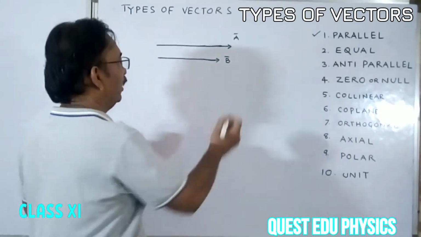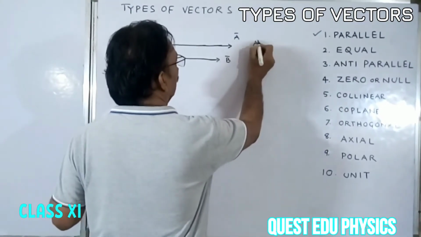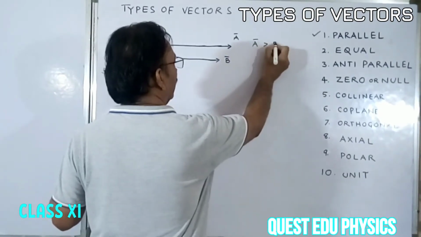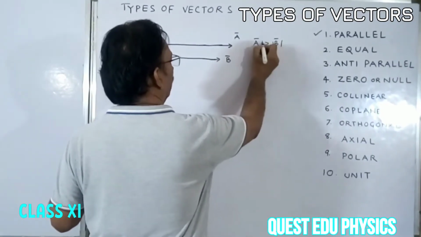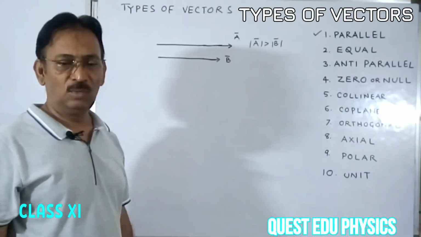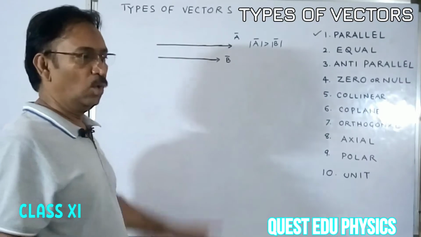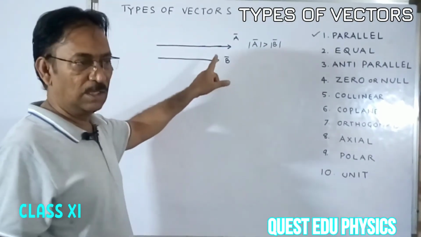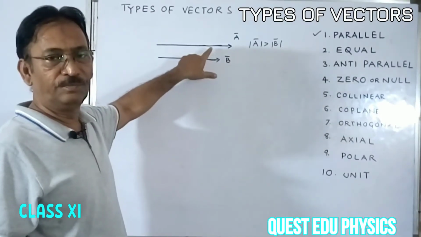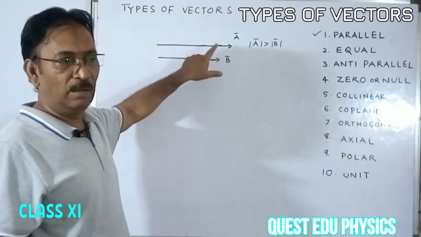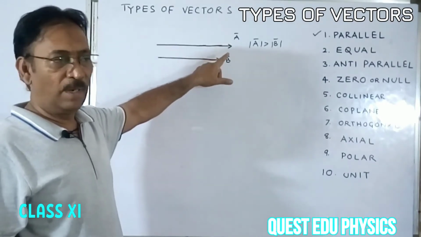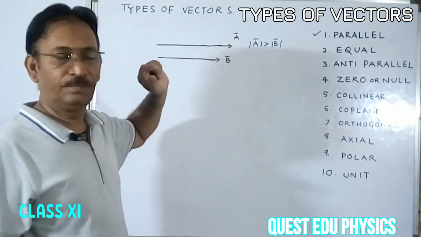Here the magnitude of vector A is greater than the magnitude of vector B, yet these two are parallel to each other. I hope you understood. Two vectors are parallel if the angle between them is 0; their magnitudes need not be the same, but the directions must be the same.